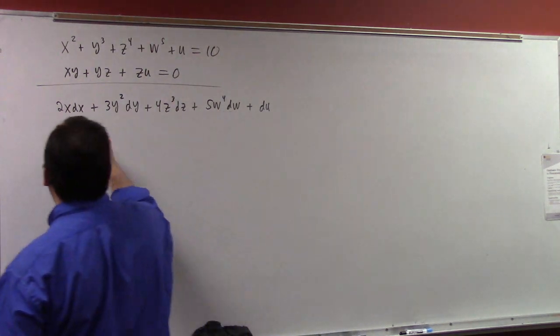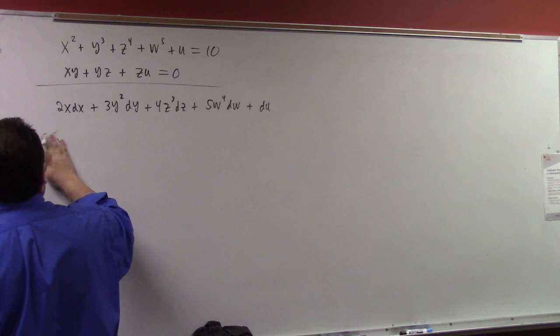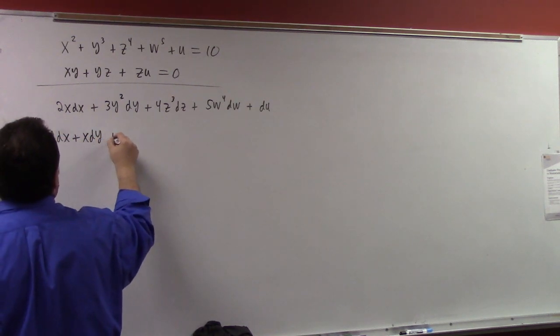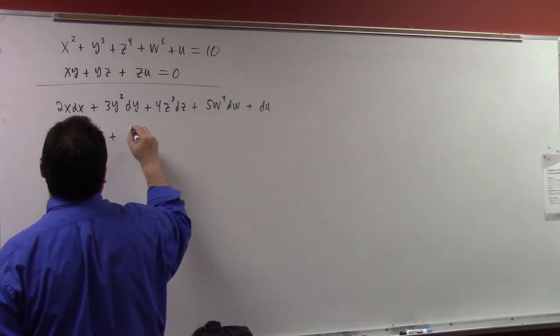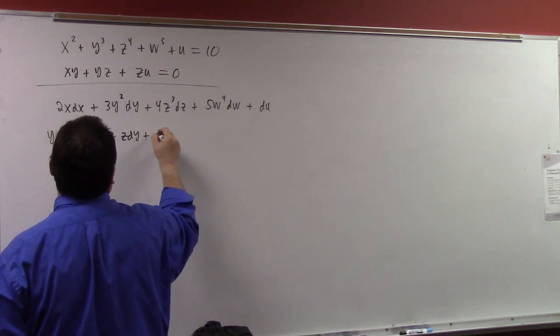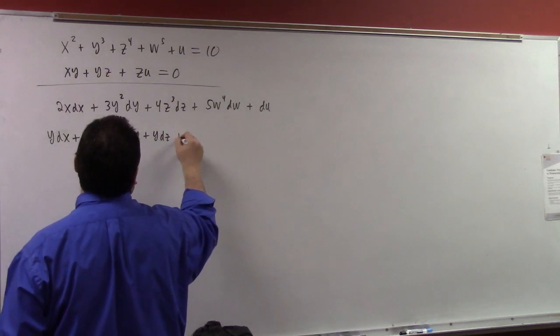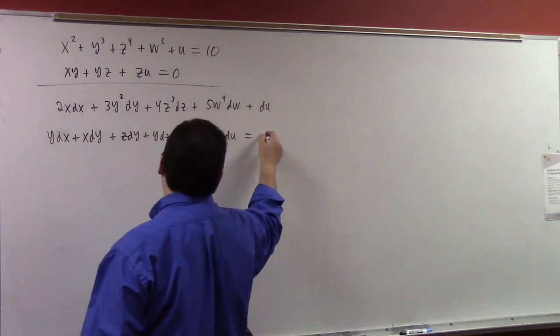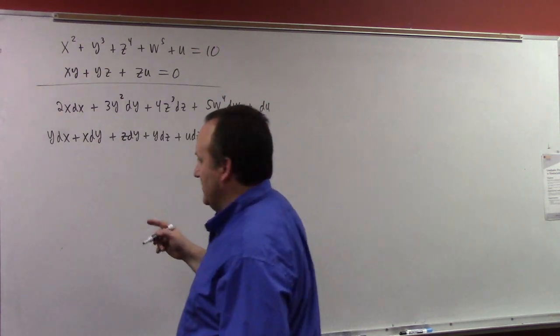And the second equation, I get y dx plus x dy plus z dy plus y dz plus u dz plus z du equal to 0. Now let's clean this one up a little bit.